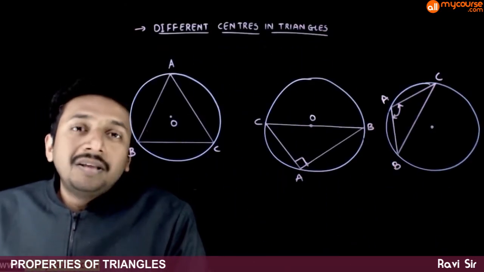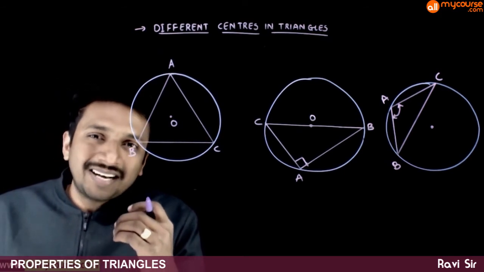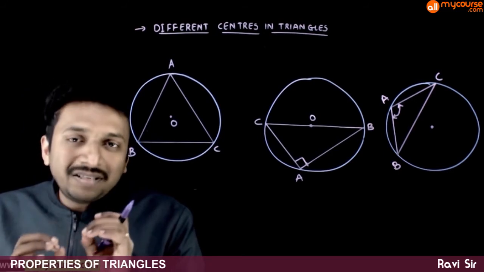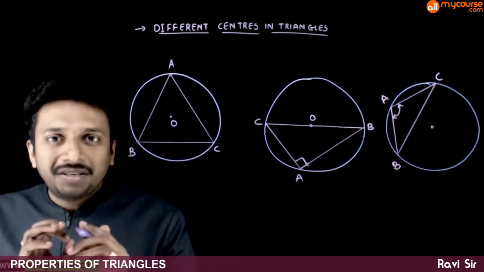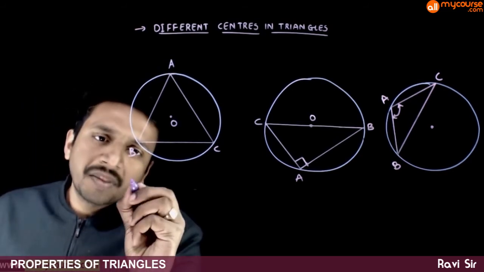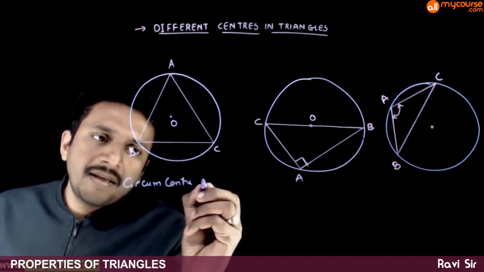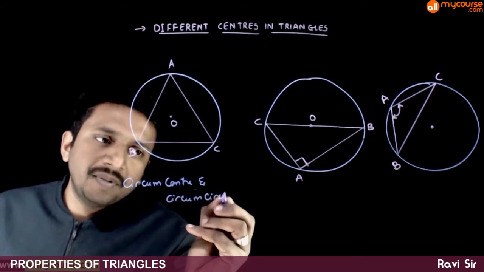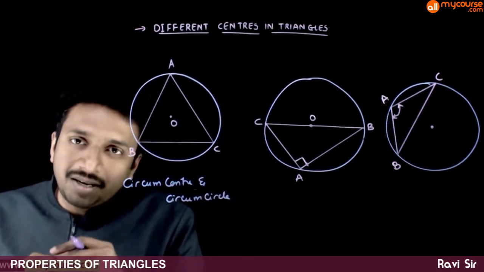In this section, let us look at the different centers and circles related to triangles. The first center that we are going to understand is the circumcenter, and the corresponding circle is the circumcircle. You would have already known what circumcenter and circumcircle is.